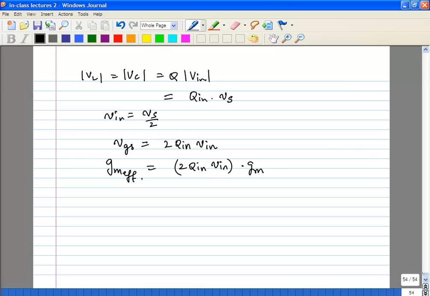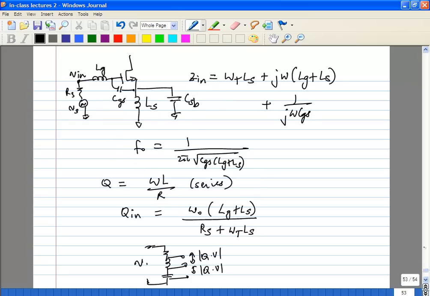The effective GM of the overall combination is 2Q in times GM, because instead of relating to Vs, we are relating it to V in. Remember, Vs and Rs are characteristics of the source which is driving the amplifier.